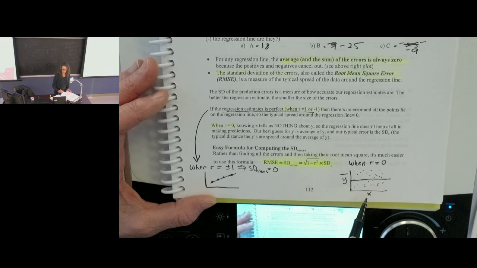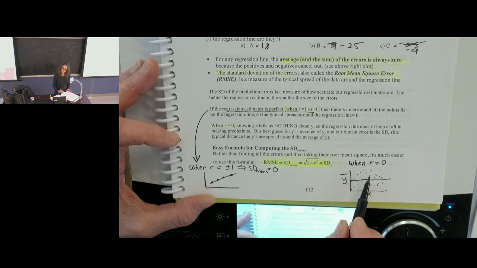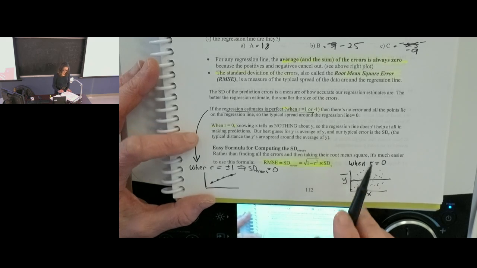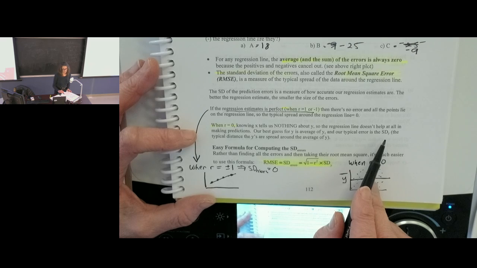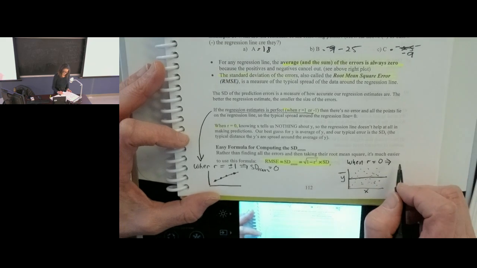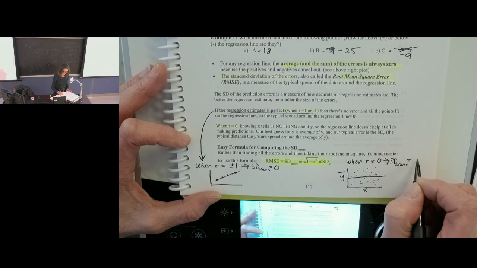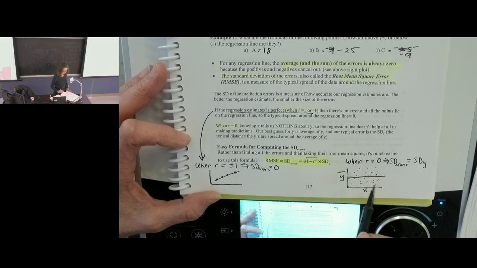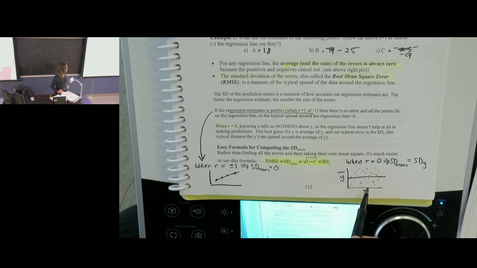No matter what x is, our best prediction for y would be the average of the y's. So what would be the typical spread around the average of the y's? What's that called? It's the standard deviation of the y's. So when r is equal to 0, the standard deviation of our errors is simply the standard deviation of y, just the typical spread around the average of the y's.